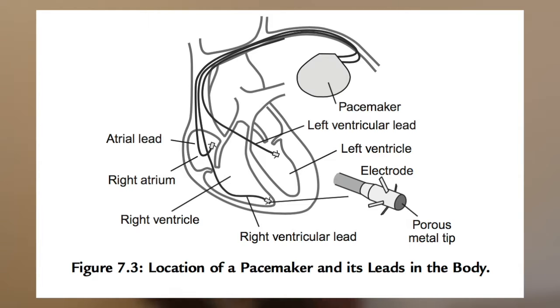And there are two main categories of sensors: activity sensors as well as metabolic sensors. Activity sensors draw a relation between the patient's physical activity level and heart rate.